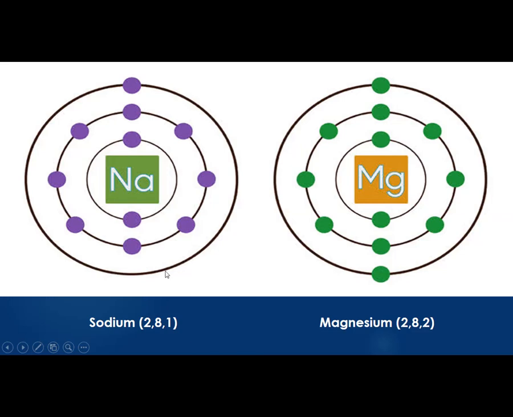We need a third shell because the first and second shells, K and L, are filled with 2 and 8 electrons, as the first has a capacity of just 2 and the second just 8. So now we have to move further, draw the third shell and put that 1 electron in the third shell. Magnesium, 2 in the K shell, 8 in the L shell and the rest of 2 in the M shell.